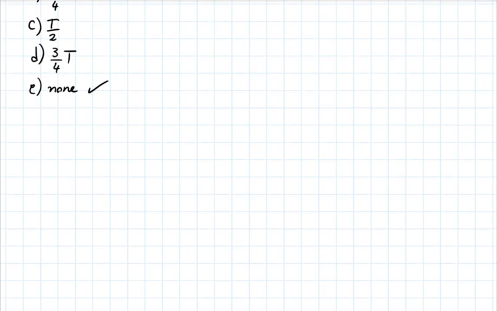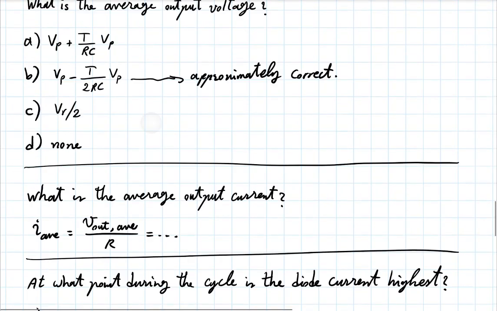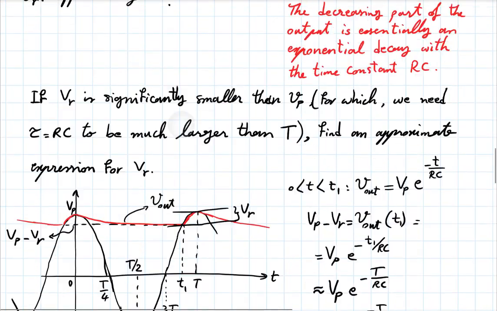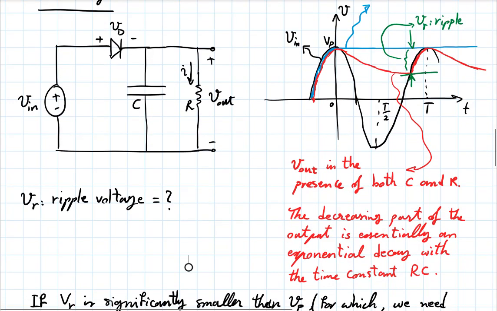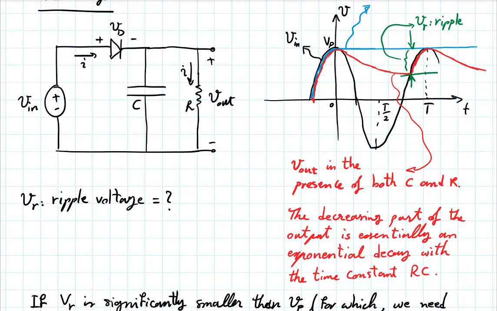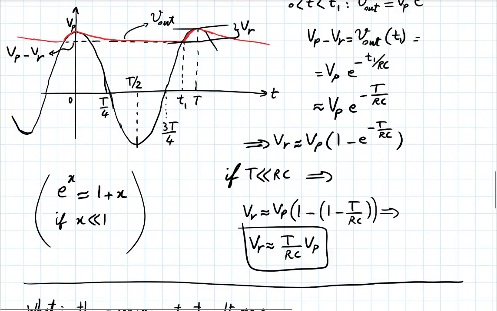This is the answer. The diode current, so let's call it ID, is approximately IC plus I, being the resistor current. So this is ID, and this is IC. I is approximately constant.